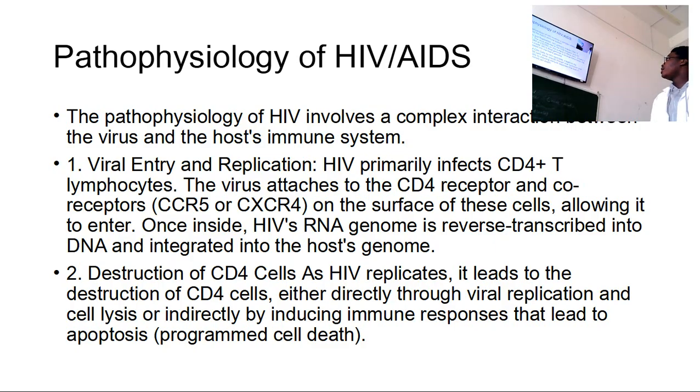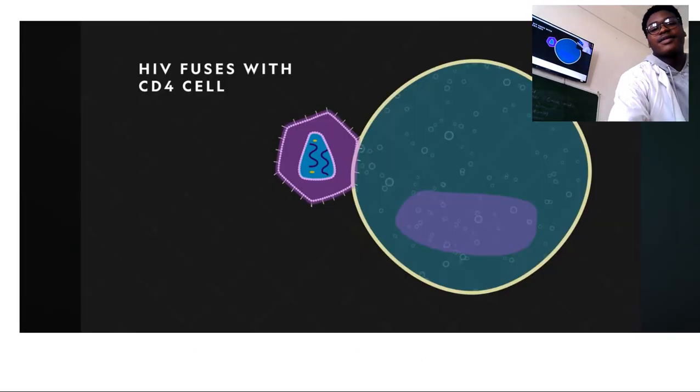HIV here primarily affects the CD4 T lymphocytes. The virus attaches to the CD4 receptors and the co-receptors on the surface of these cells, allowing it to enter. Once it's inside, the HIV's RNA genome is reverse transcribed into DNA and integrated into the host genome.